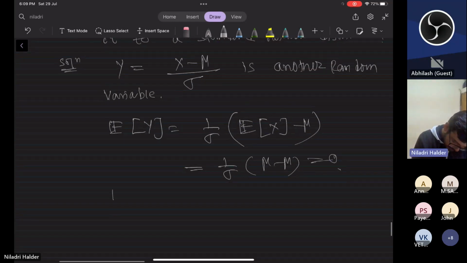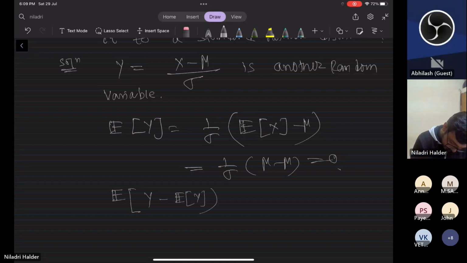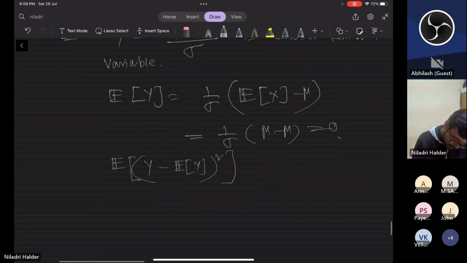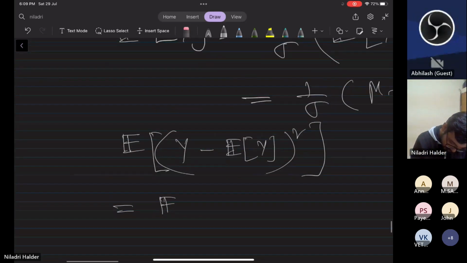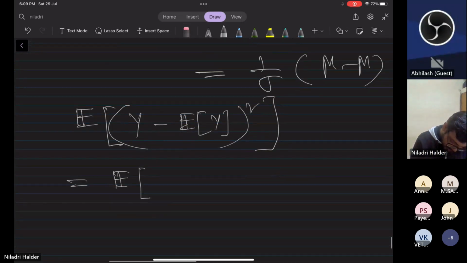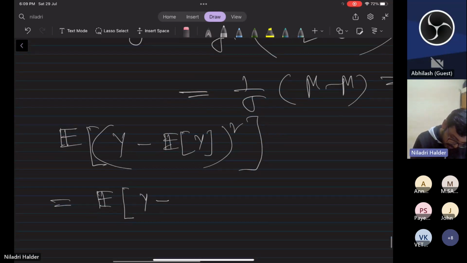And what will be the variance of y? That will be the expectation of y minus expectation of y, squared. We find that y minus expectation of y equals 0.